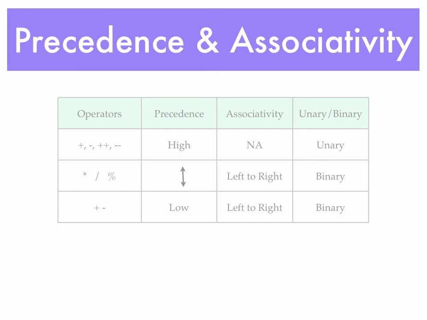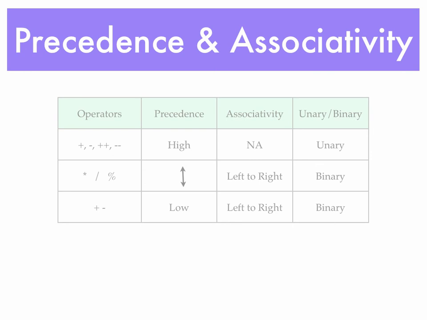They are binary, and they have an association left to right. Remember that those unary operators have no associativity. They only work with a single operand, so associativity is not applicable. But my multiplication, division, and modulus associate left to right. They're binary. They work on two operands, the operands on the left and the right of those operators.